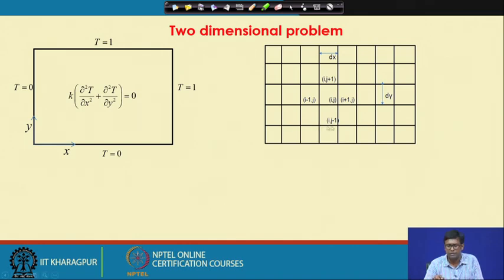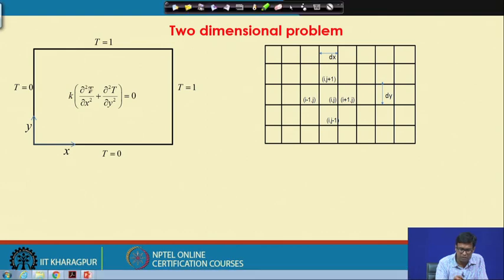There will be mesh points in the x direction, along i - 1, i + 1 along i, as well as meshing in j, and the spacing along i is dx and along j is dy.